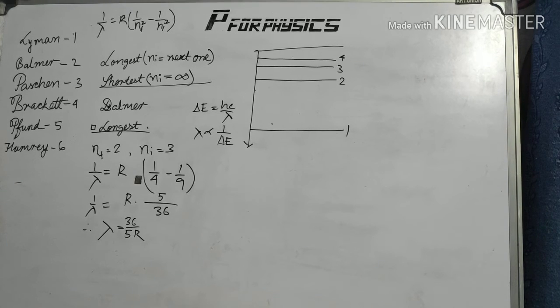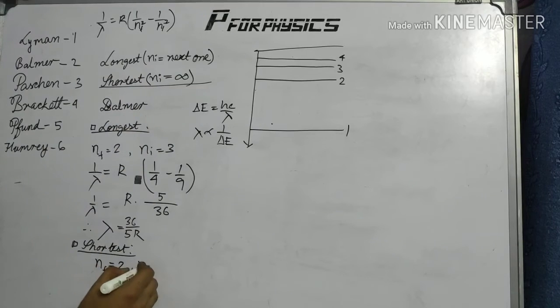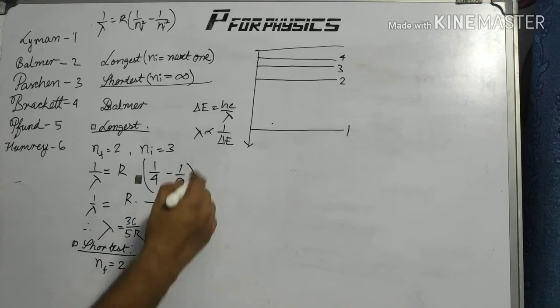And for shortest, nf is 2, and as we see here ni would be infinity. So put the values in the equation.